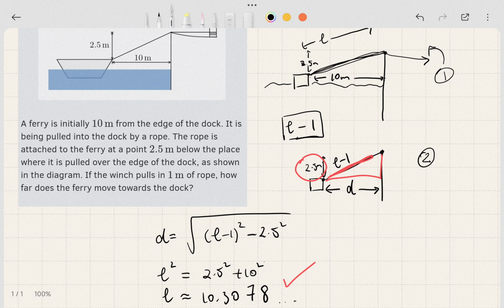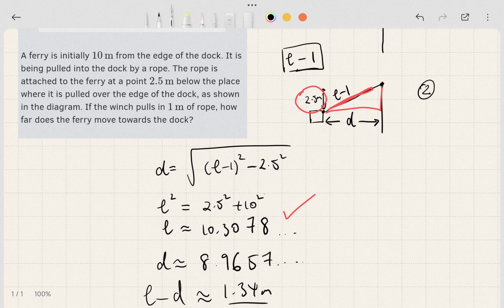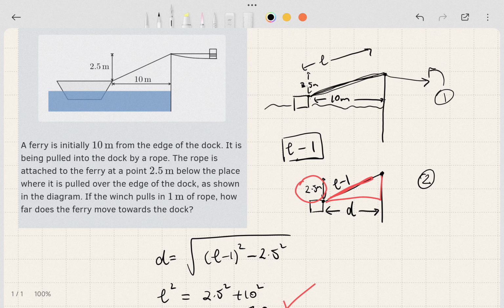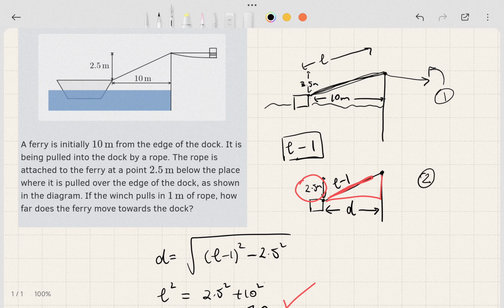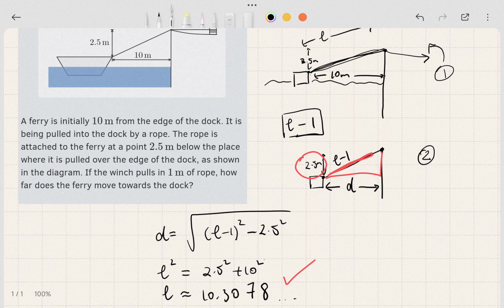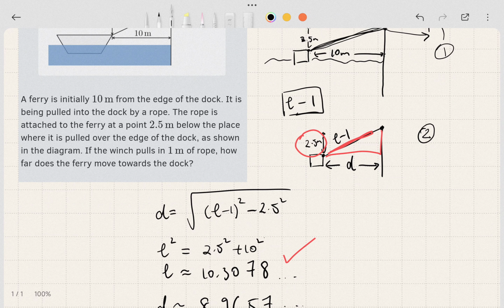So I think it should be correct. Let's, you know what? Let's use a different calculator because I think my method of solving this problem is correct.